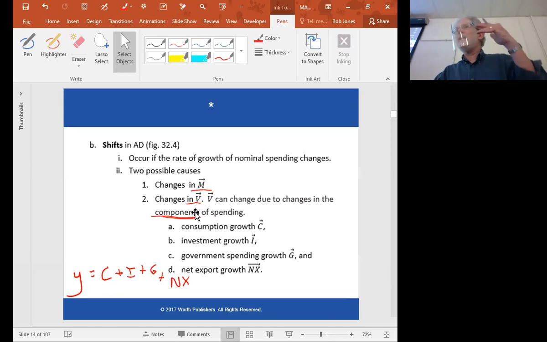Okay? It's probably not exactly clear why you have that relationship, but that's the way it is. This is one of those things, just trust me, that velocity will increase if you have an increase in the growth rate of any of these. The growth rate of velocity will decrease if you have a decrease in the growth rate of any of these.